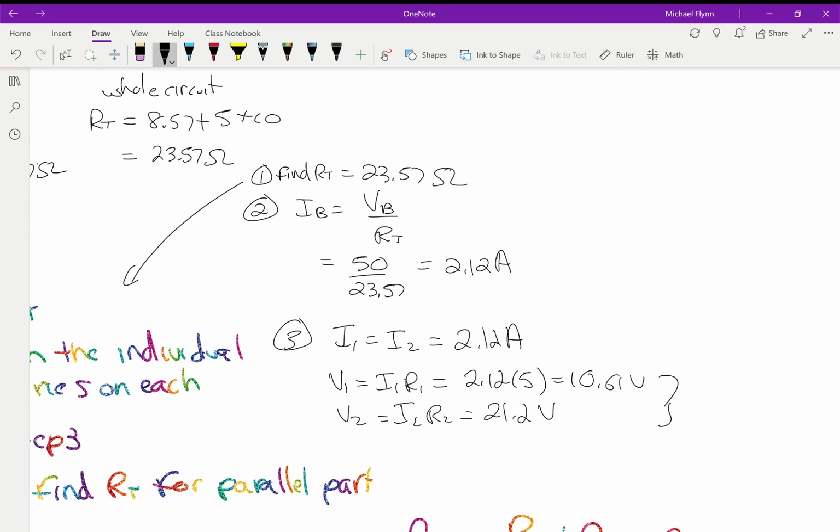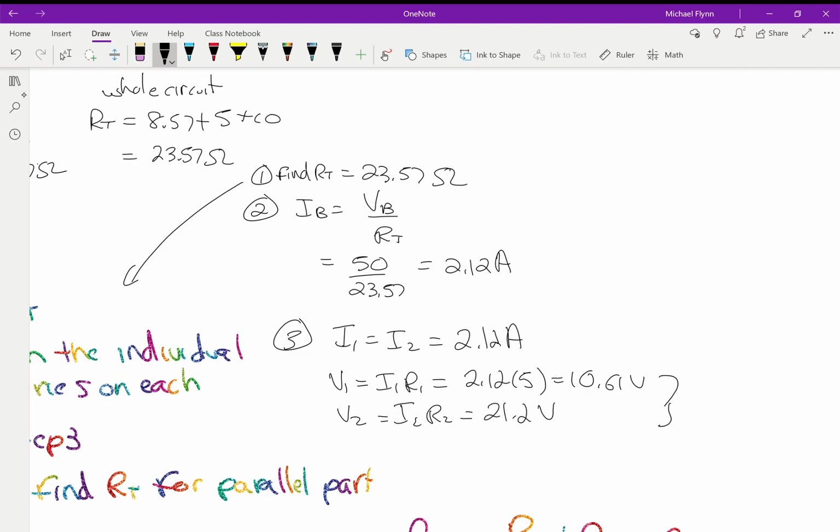I need to do that because I need to figure out how much voltage is left for the other two resistors. Okay, so I got 21.2 plus 10.6 is 31.81.